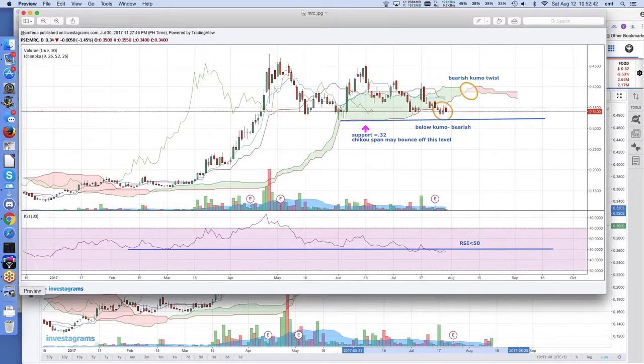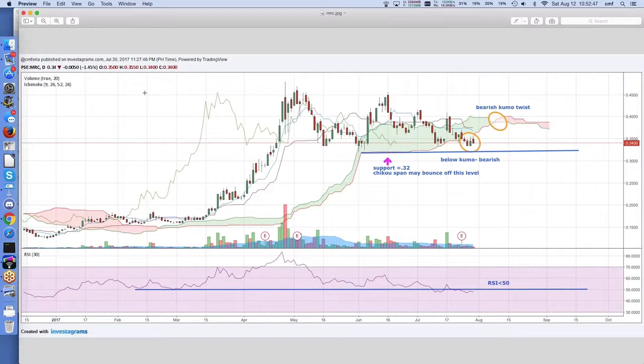This was the chart I was talking about. There was a bearish kumo twist. Break below the kumo was bearish. The Chikou span break below the price was bearish. You might experience support at 32 and it might bounce off this level, but we only expect a bounce. The RSI was also below 50 already.